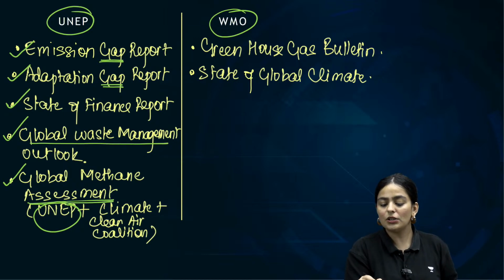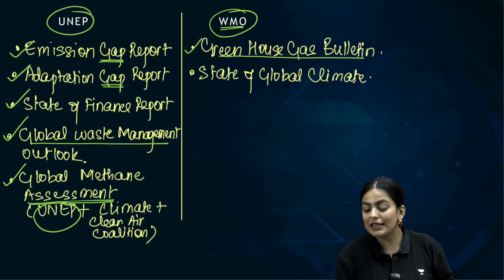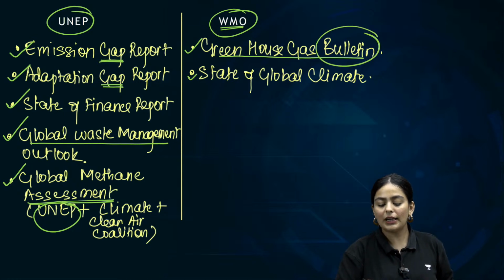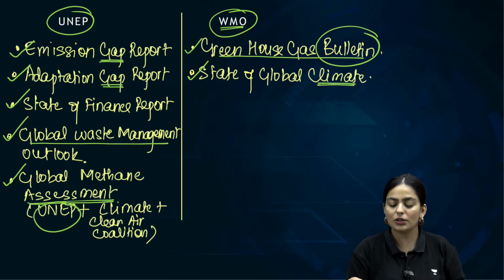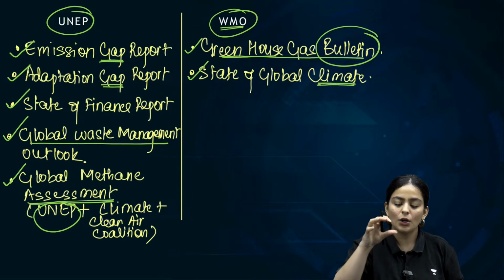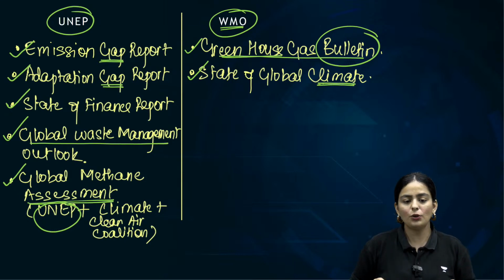And the World Meteorological Organization produces a very important report, which is the Greenhouse Gas Bulletin, and the State of the Global Climate. Everything to do with climate, everything to do with a greenhouse gas bulletin will be WMO. Clear about this? It is important to note that.